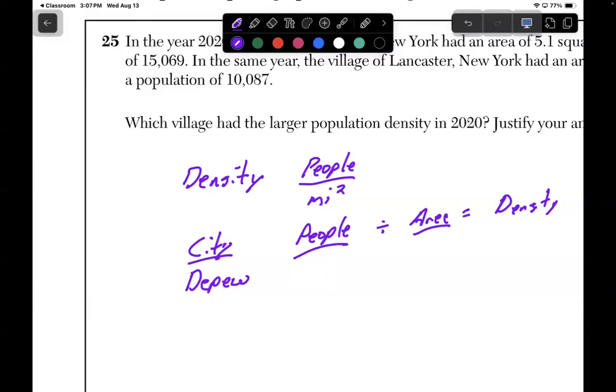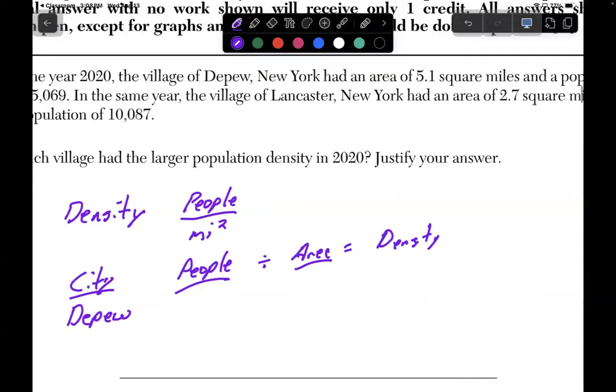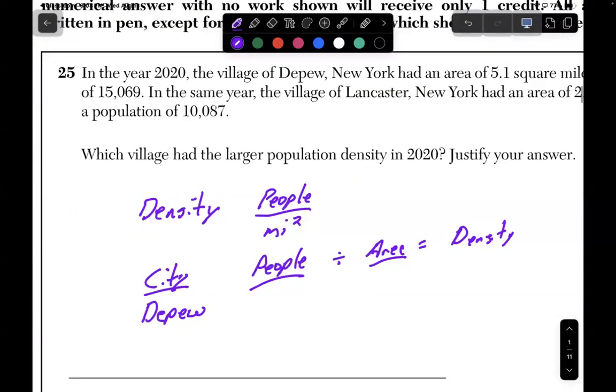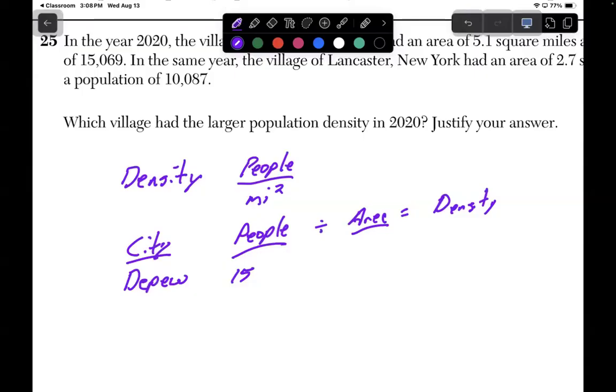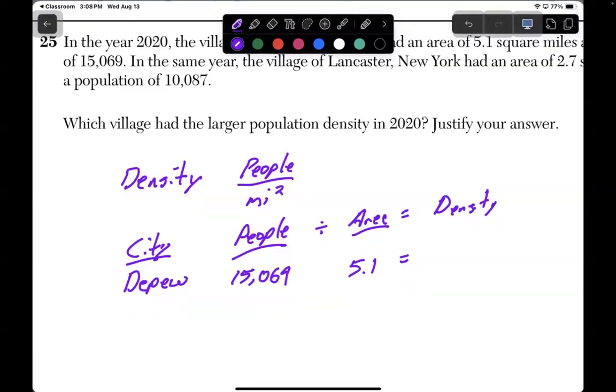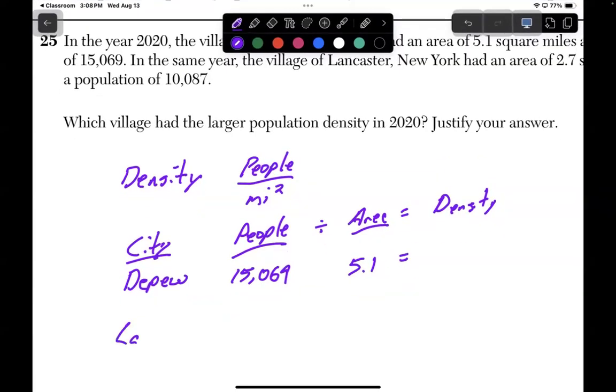So in Depew, 15,069 divided by 5.1 square miles. Well, let's just set up the other one first, and then Lancaster. We had 10,087 and 2.7. And we're going to divide those.